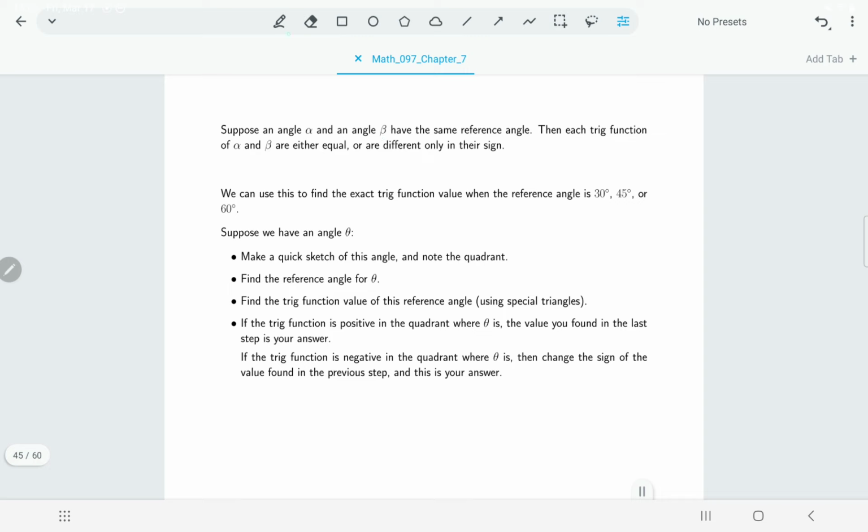So for example, if we're thinking about the angle of 30 degrees, and the angle of 150 degrees, which also has a reference angle of 30, then for sine, either sine of 30 is equal to sine of 150, or they will just be opposites of each other. One is positive, one is negative, but with the same number.